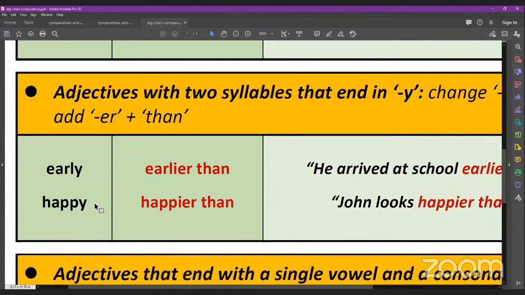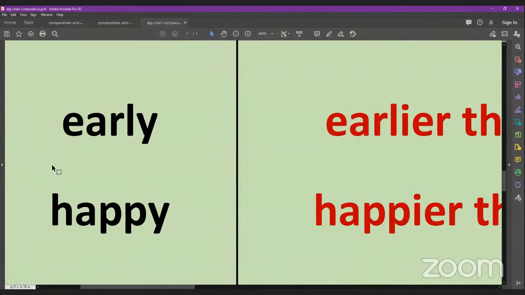This is the rule number 3. Esta es la regla 3, the rule number 3 about these adjectives. So focus on the screen. Well, now we have these kinds of adjectives, those that end in the letter Y preceded by a consonant. Happy ends in the letter Y preceded by a consonant. Early, happy.